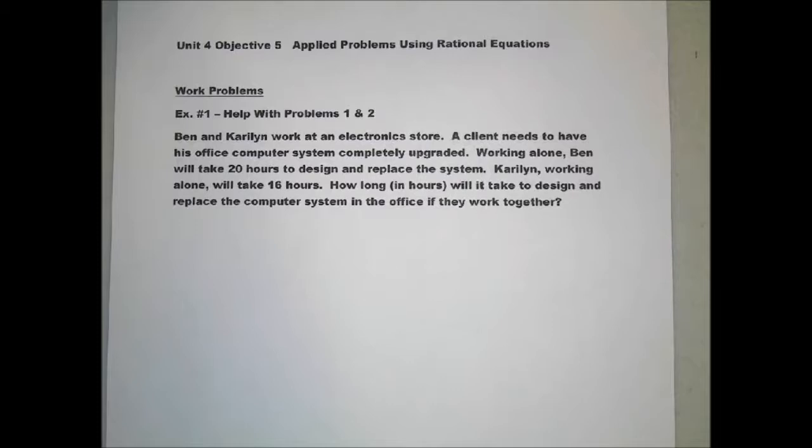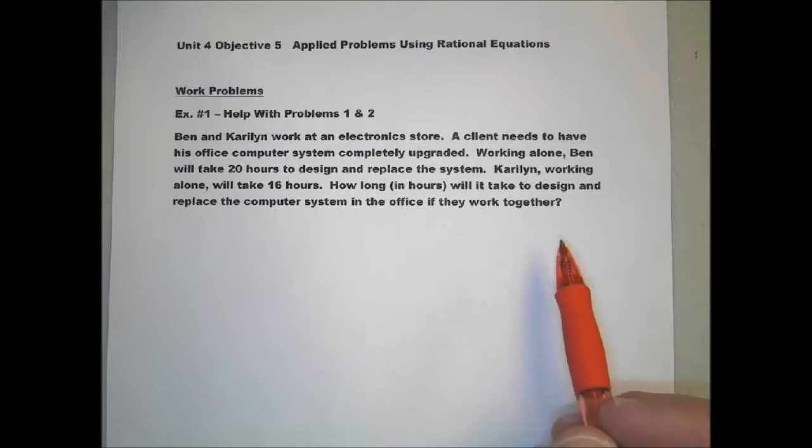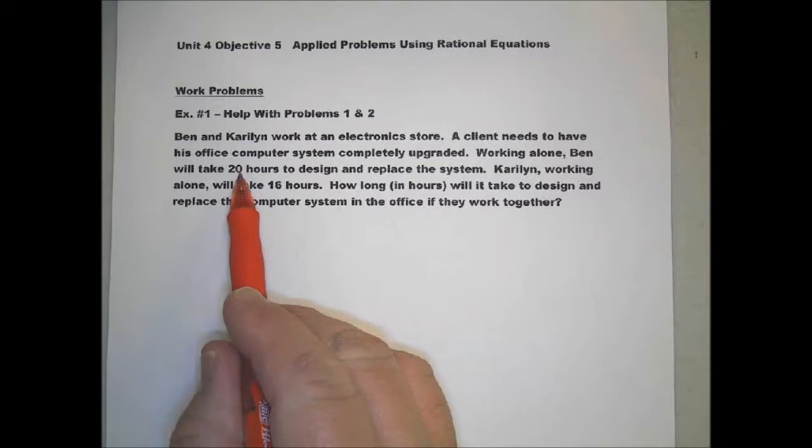How long in hours will it take to design and replace the computer system in the office if they work together? Well, this problem is simply going to be an addition problem because we're going to take Ben's rate at which he can work. Now, he can get the job done alone in 20 hours.